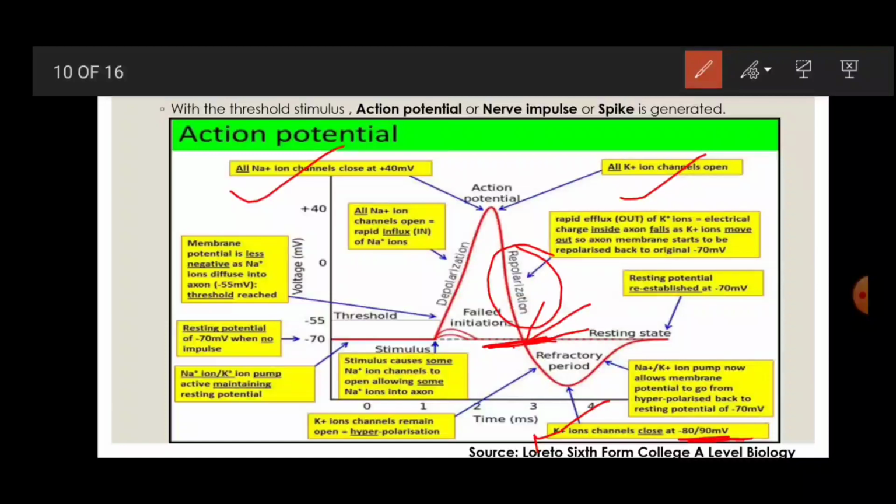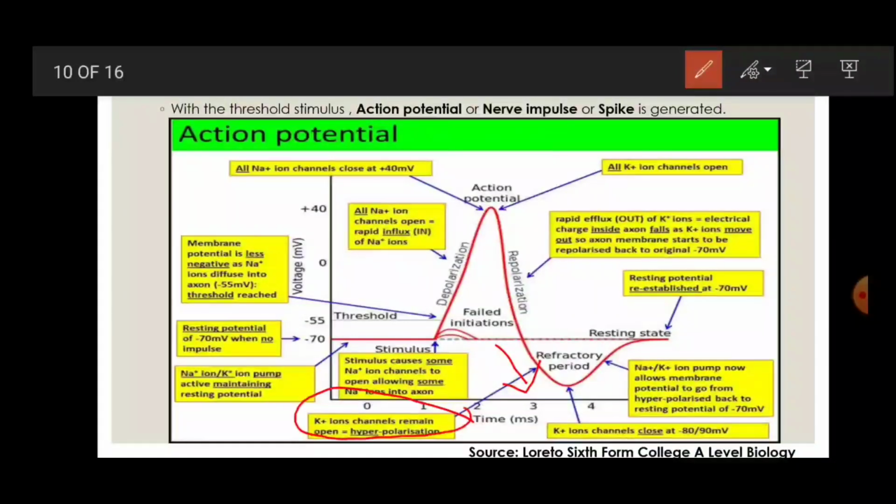This extra dip below the resting membrane potential is referred to as hyperpolarization. Potassium channels remain open for a longer time, and to bring this back to the normal resting state, the sodium potassium pump is required again.